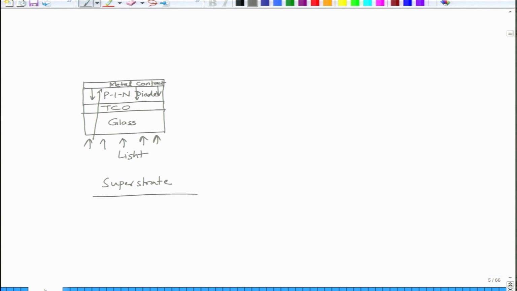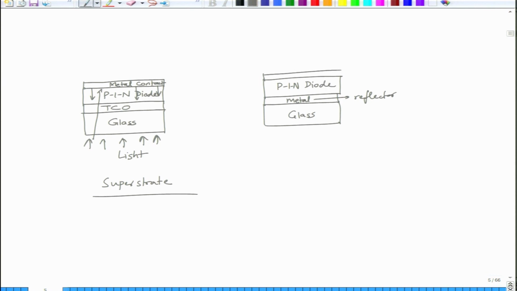And the other configuration is you have a substrate, glass, on top of this you have a metal which is a reflector, then we have a pin diode, and then we have a TCO.